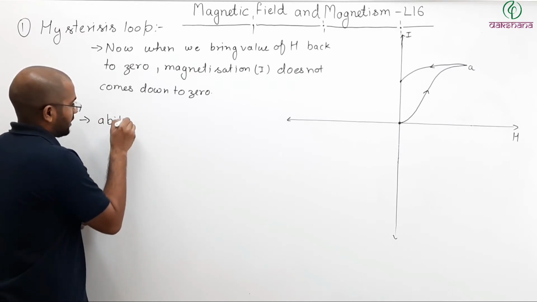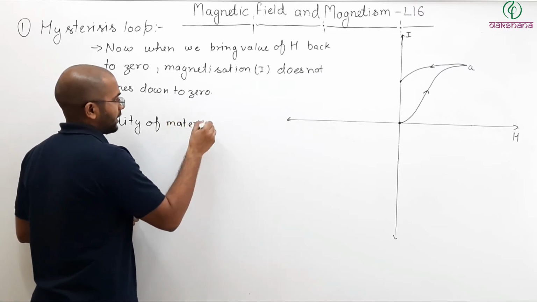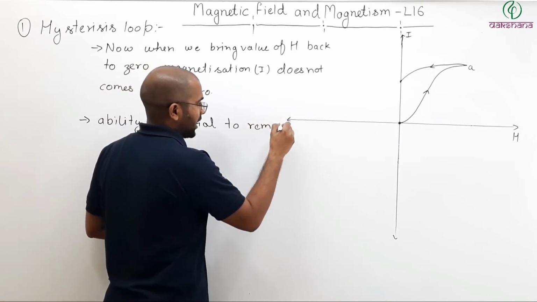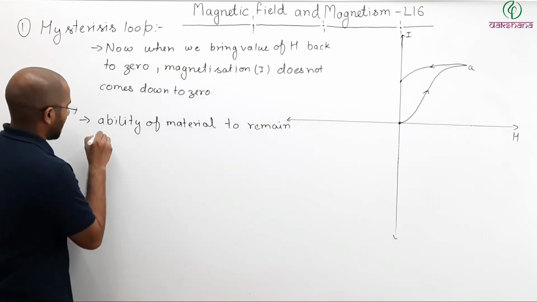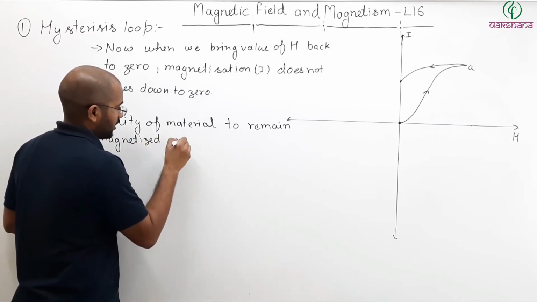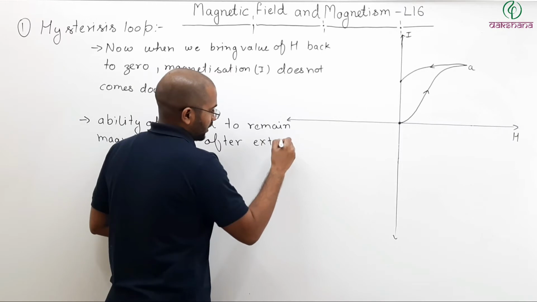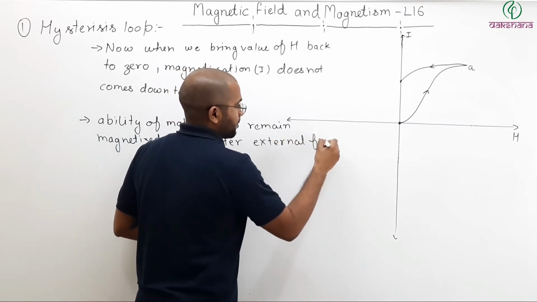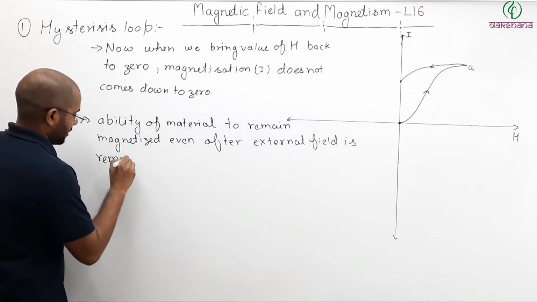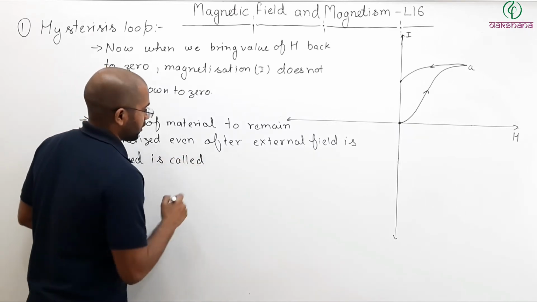The ability of a material to retain or remain magnetized even after the external field is removed is called, what is it called?